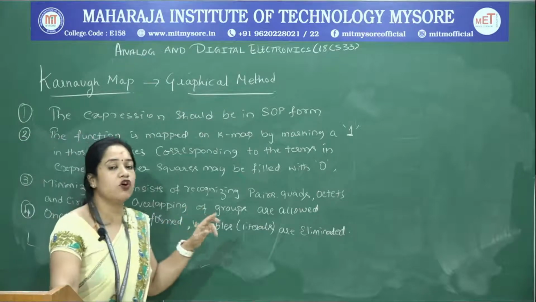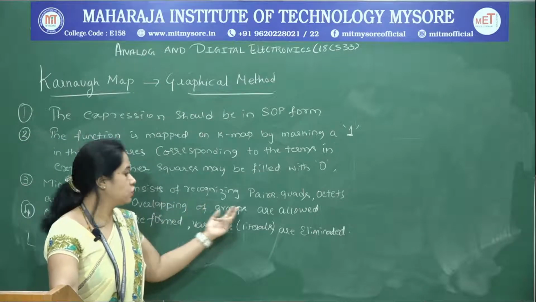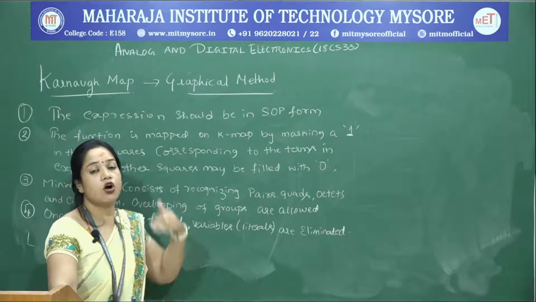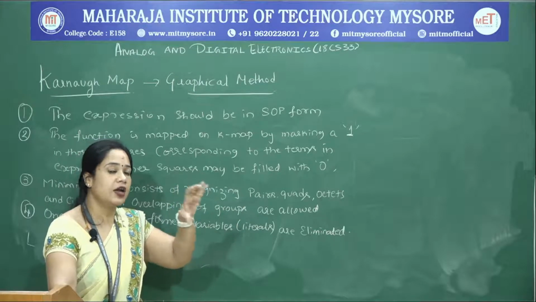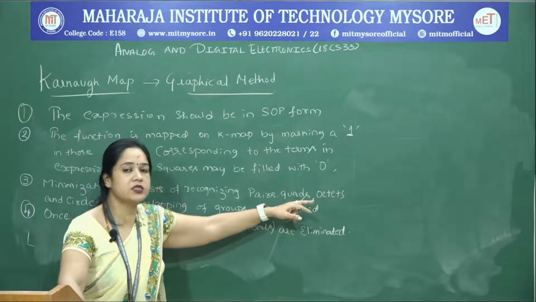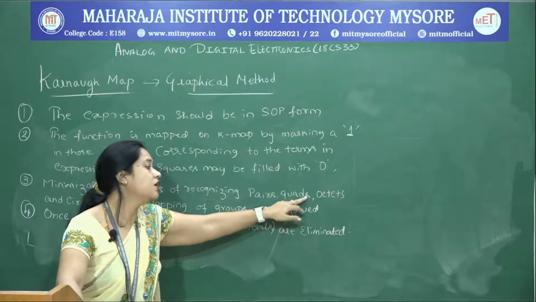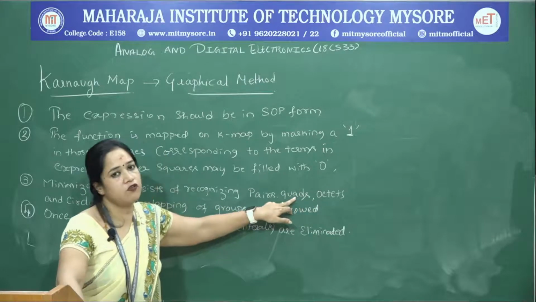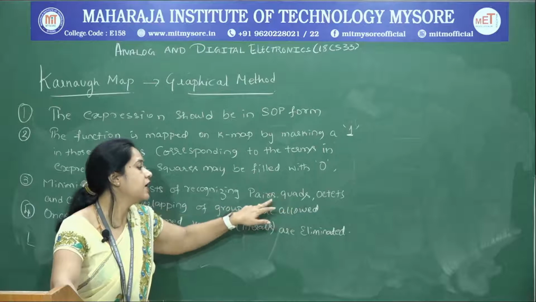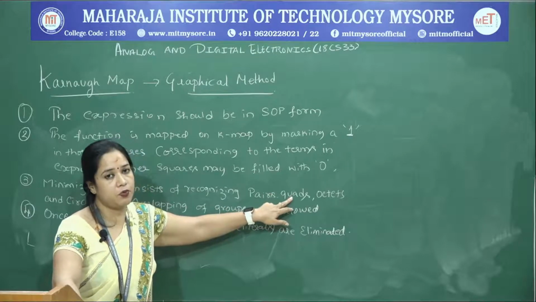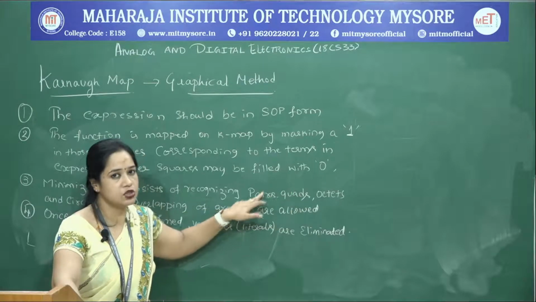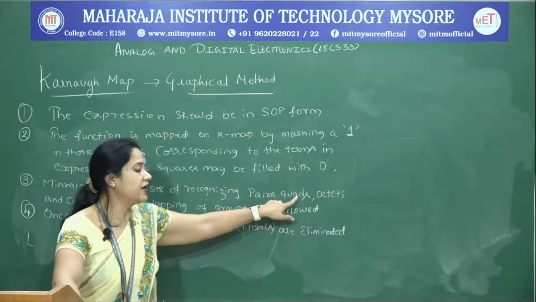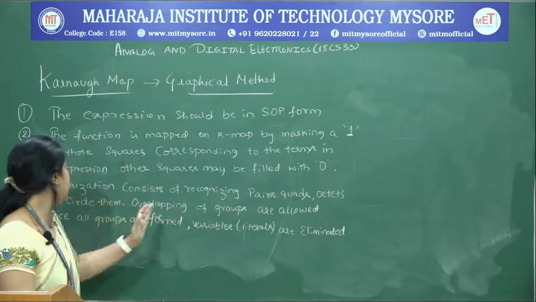You try to look for adjacent ones which could be a pair, quad or octet. Always try to identify larger groups. When there is a possibility of making an octet, think of making an octet instead of 2 quads. And if you have a provision to identify a quad, instead of considering 2 pairs, identify quads.